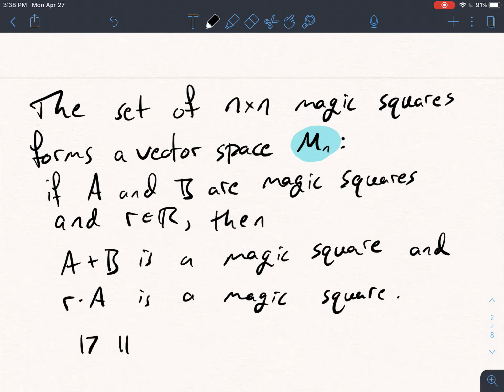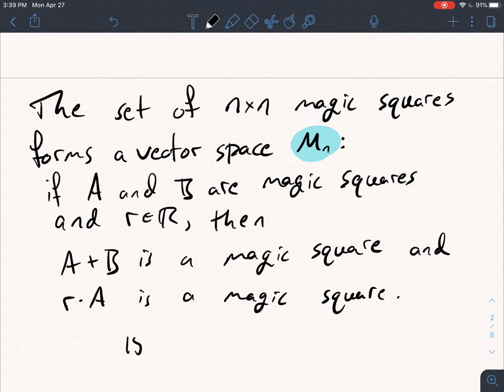So for a, maybe each row adds up to 17, and for b, each row adds up to 11, then the corresponding rows in a plus b are going to add up to 17 plus 11, which would be 28. So the magic number for a plus b would be just the magic number of a plus the magic number of b, which in this case is 28.